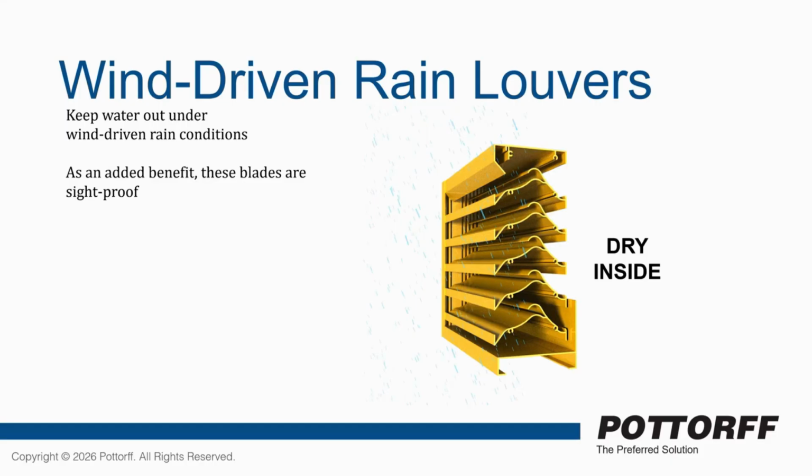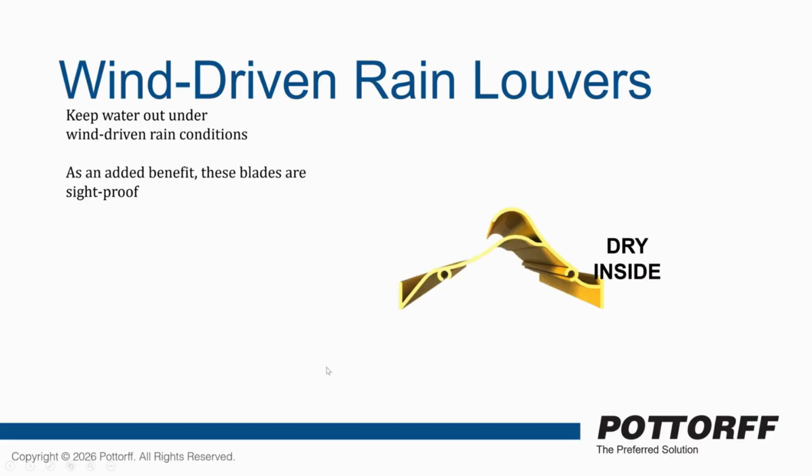It will be sight-proof, which is a plus, sometimes at a higher cost due to all the material there. But due to that profile itself, as a blade comes down, that hook on the top, located in the middle of the louver, is going to catch much more water than the other two types we just discussed.